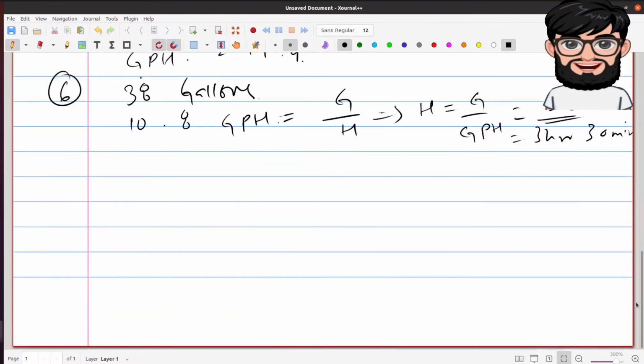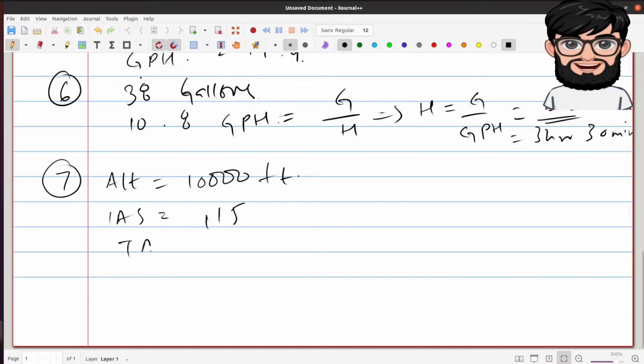Another set of calculations is, what if we have been given the altitude, which is 10,000 feet, and the indicated airspeed, the IAS, has been provided as 115, and they're asking for the true airspeed.